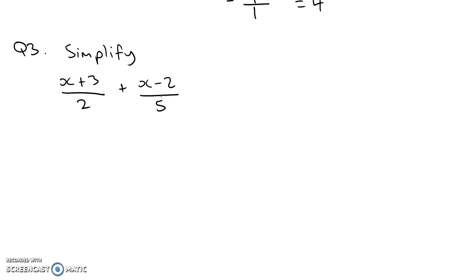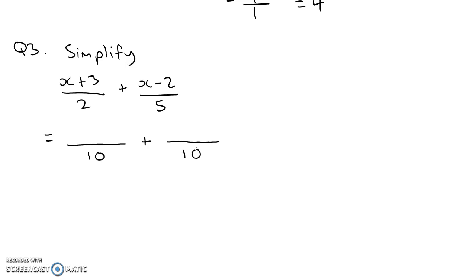So we normally go for the lowest common denominator. Now the way we can do that here, we need to think of the lowest common denominator, and we're working with 2 and 5. So the lowest common denominator, given that we've got 2 and 5, is 10. So what we'll do is write both of our fractions with a denominator of 10.